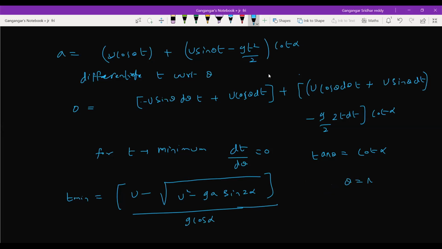Finally, you should end up with this much of condition, just some different way of this differentiation of dt by d theta equal to 0. And this will be our final answer. So once you get time, you can calculate the speed with which it will strike. Once you know time, you can get all other things.